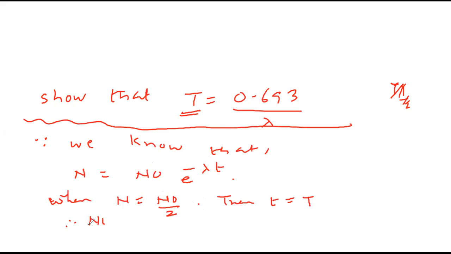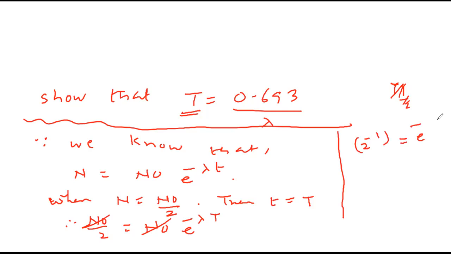So n becomes n0 by 2 equals n0 e raised to minus lambda t. n0, n0 we can cancel. That means 2 raised to minus 1 equals e raised to minus lambda t. So 2 equals e raised to lambda t. Can I write this as log of 2 to the base e equals lambda t?